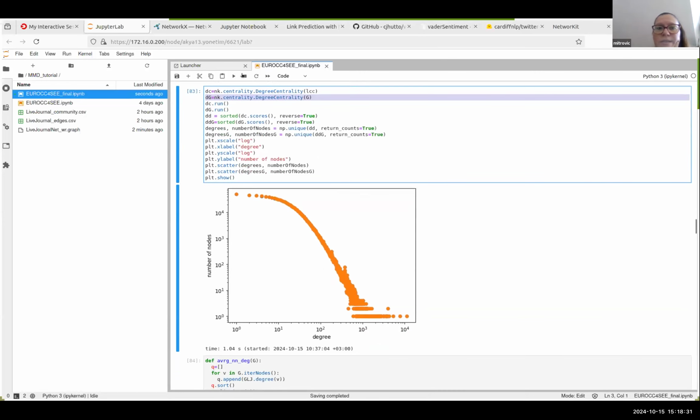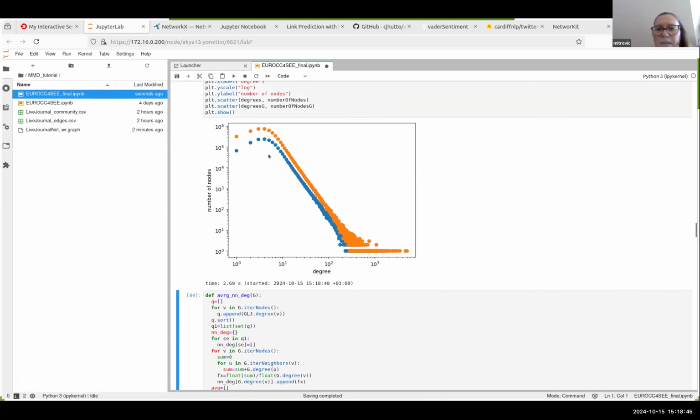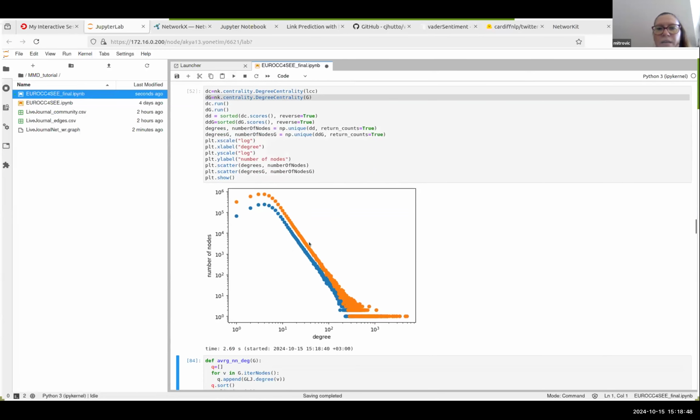And we can compare these degree distributions by looking at the number of nodes that have a certain degree. As you can see, of course, as expected, the orange is the whole network. But we see that the largest connected component also has a very similar behavior to our original network. And we can then use either one of them to calculate our other properties of our network.